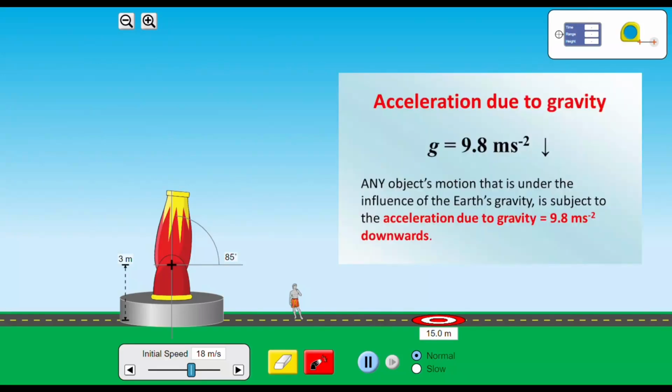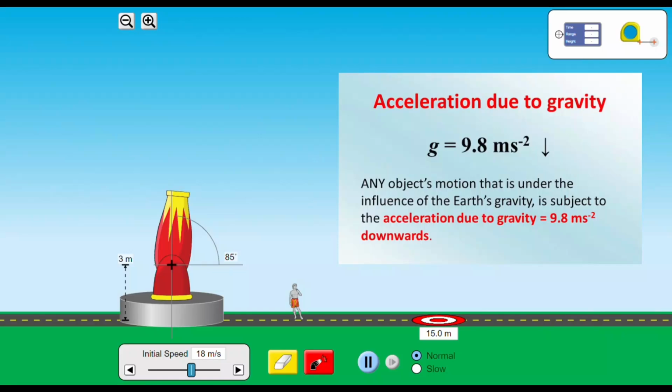The acceleration is always 9.8 meters per second squared downwards at any part of the motion: at the maximum height, at the start of the motion, and as the ball strikes the ground. At any part of the motion, the acceleration is 9.8 meters per second squared downwards.